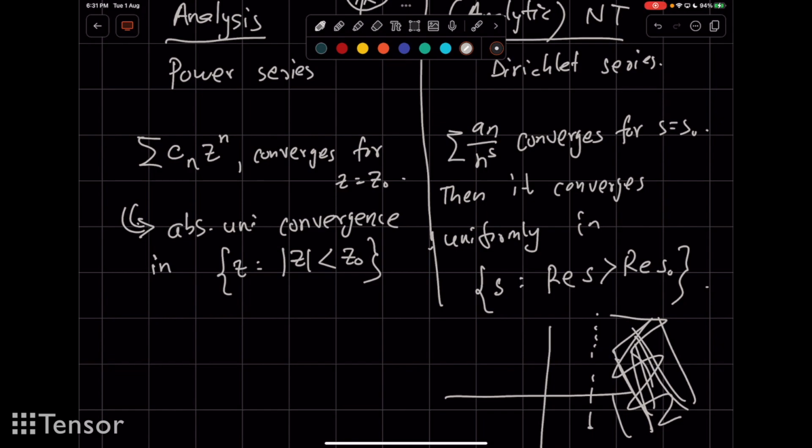Can someone tell me whether convergence at s naught implies absolute convergence? Do we have a counterexample?